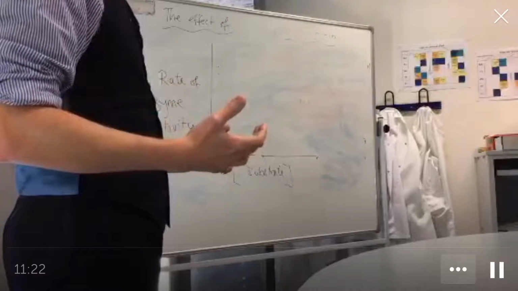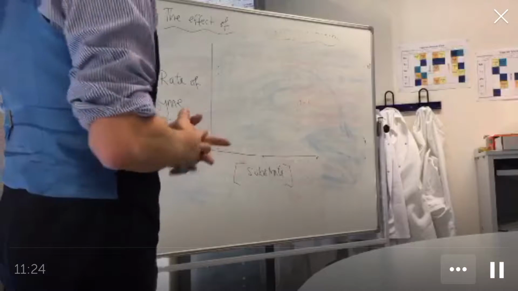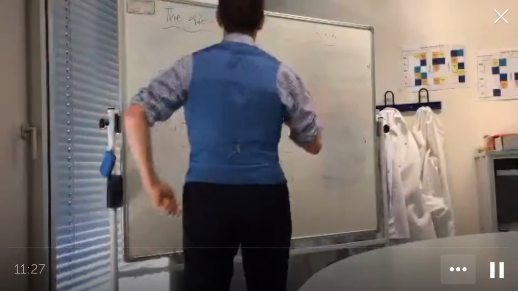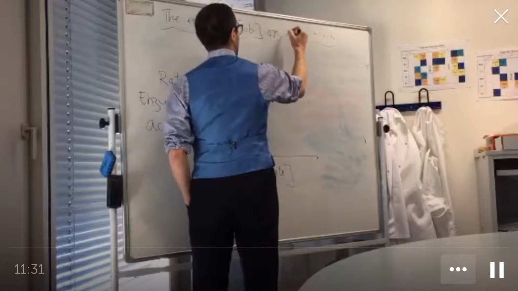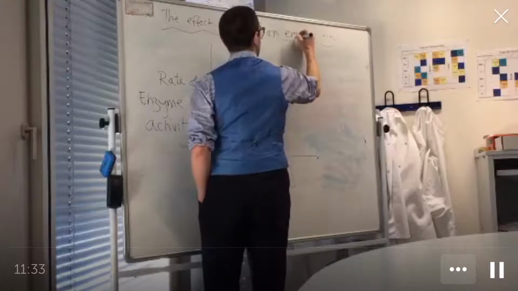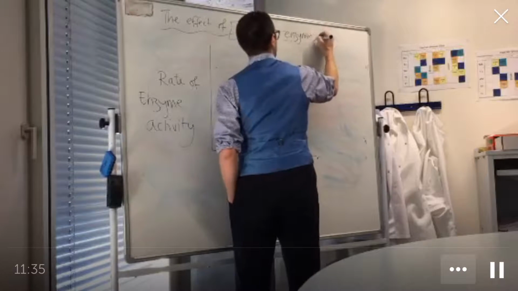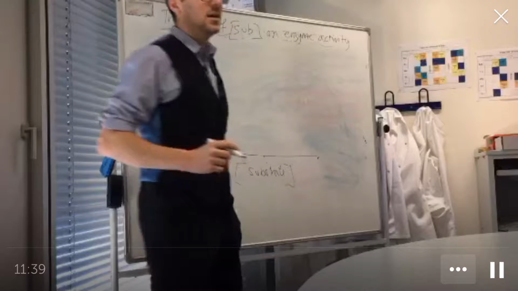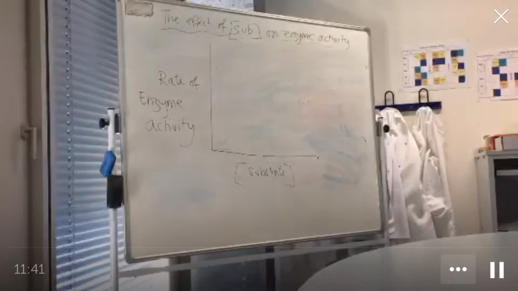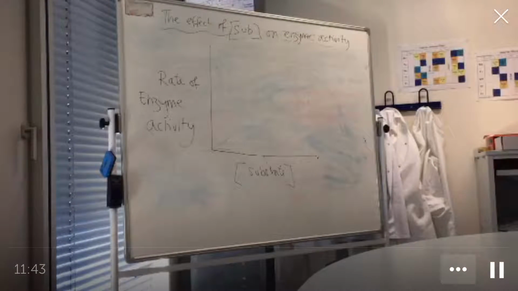The effect of substrate concentration on the rate of enzyme activity. Okay, what do you think that increase is going to look like? Is it going to be a linear increase? Is it going to be an exponential increase? Is it going to plateau?